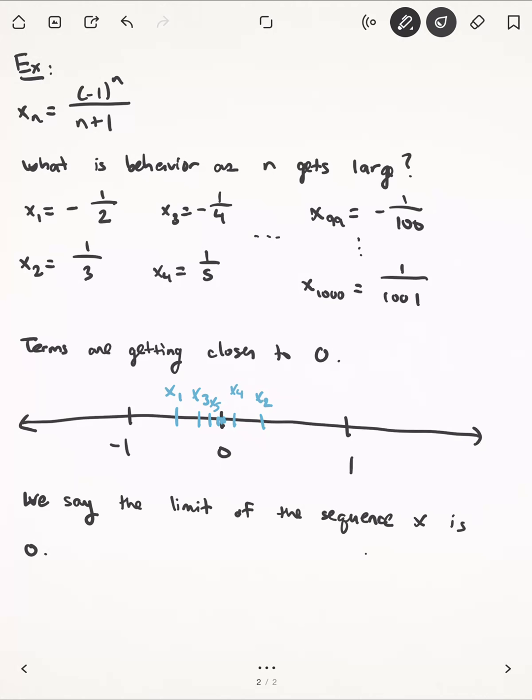Okay, so let's give this idea of a limit of a sequence a precise definition. So, definition.